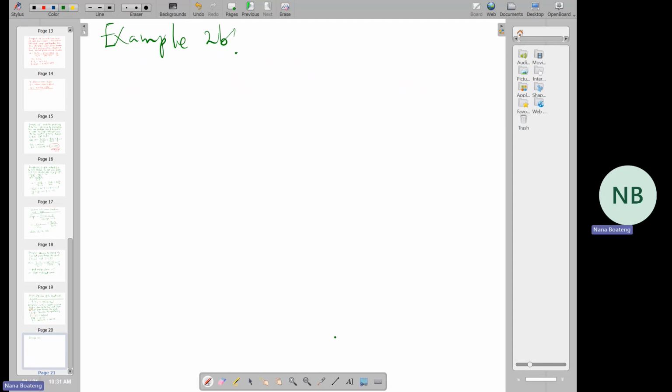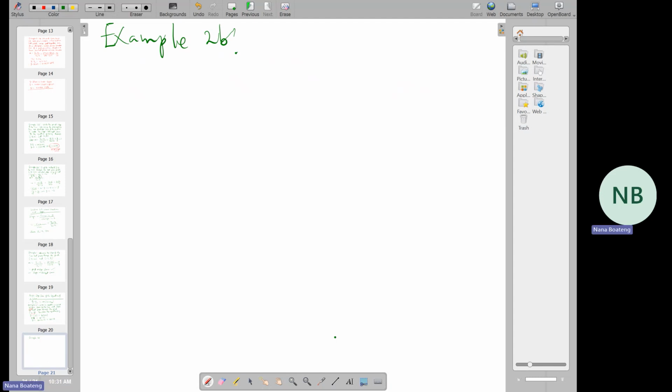So this becomes y minus 8 is equal to x. And if we add 8 on both sides, we have y is equal to x plus 8 as the equation. And this is in the point slope form.